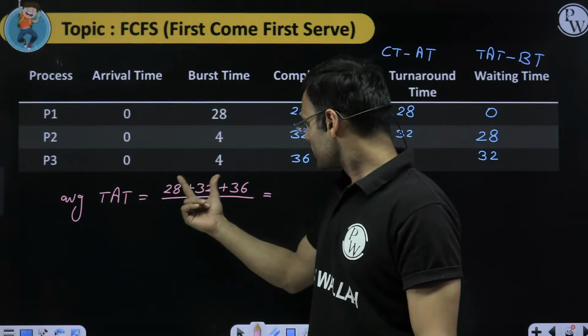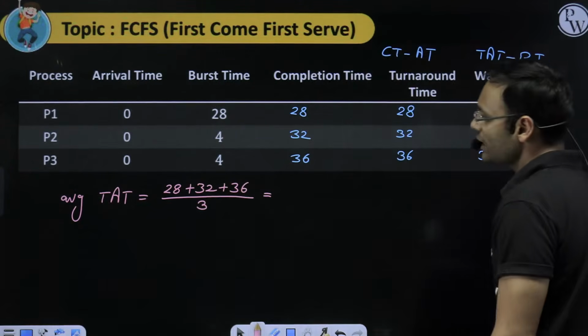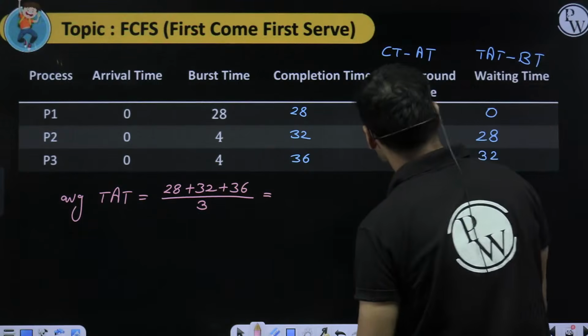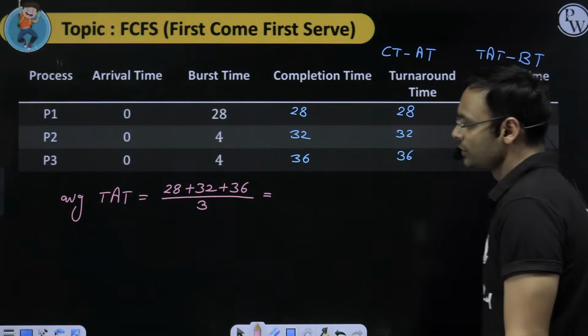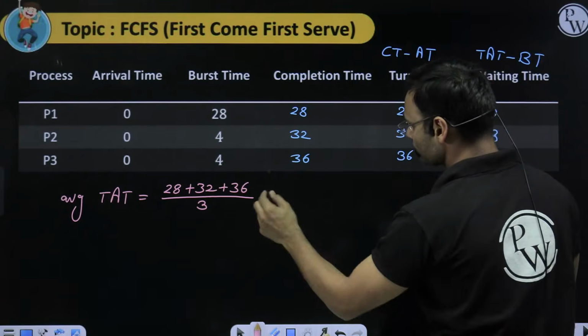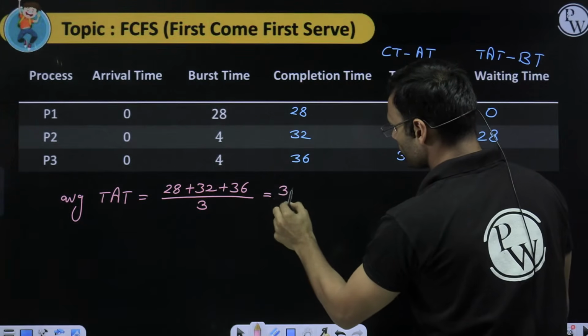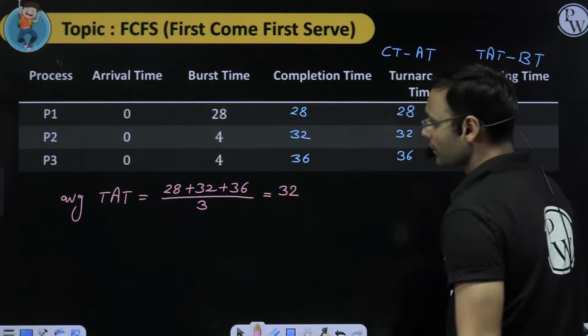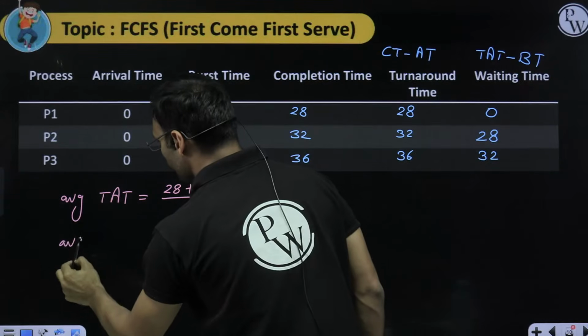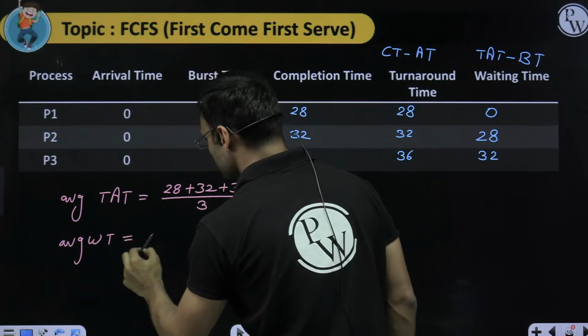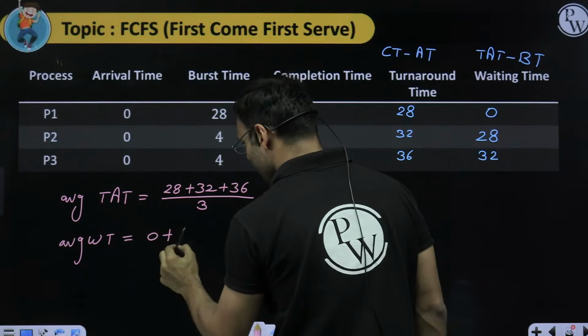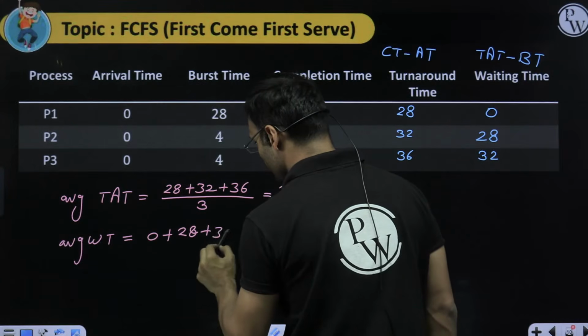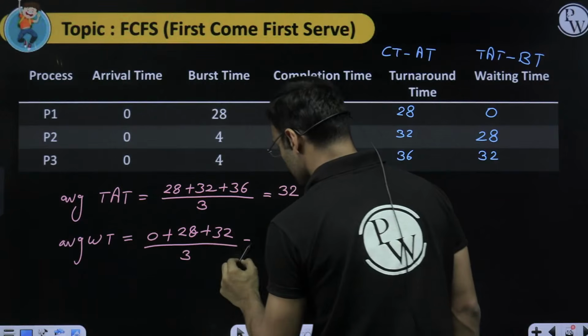This is 60 plus 36, 96 divided by 3. 96 divided by 3 is how much? 32. And average waiting time will be what? First waiting time is 0, second is 28, third is 32, divided by total 3 processes, 20.